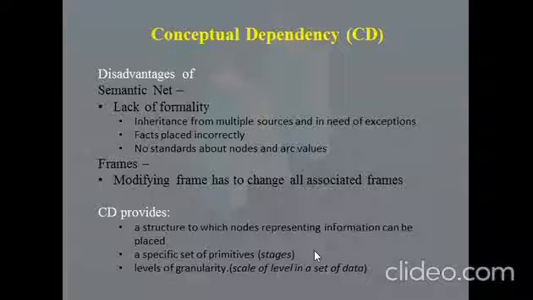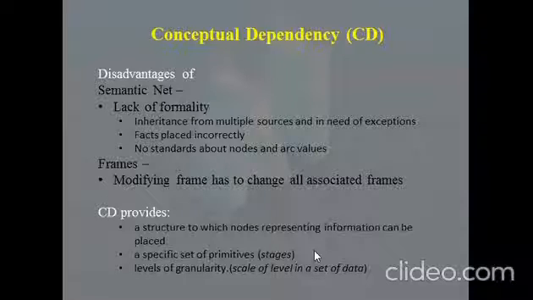We had two ways of representing natural languages: semantic nets and frames. They have their own advantages and disadvantages, so we'll be looking into the disadvantages here. Semantic nets have a lack of formality, which means we are using nodes and arcs or edges for representing a sentence in the semantic net format.